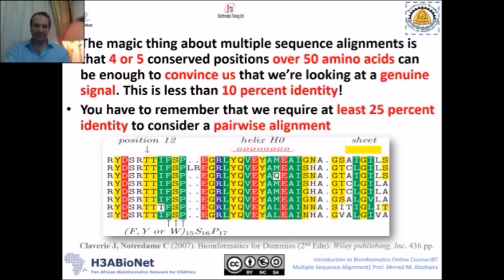In the last module, as you know, when we use pairwise alignment for protein, we require at least 25% identity. So pairwise alignment or sequence alignment is different from multiple sequence alignment, where 10% is okay.